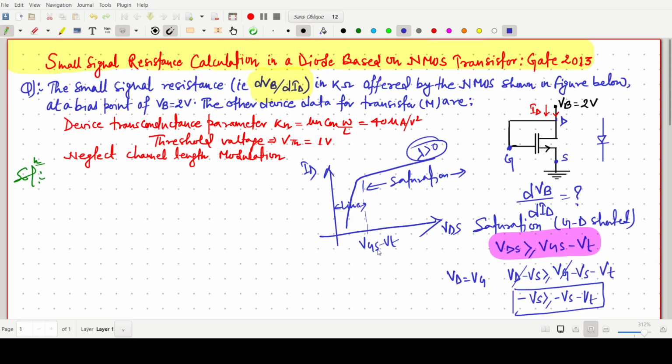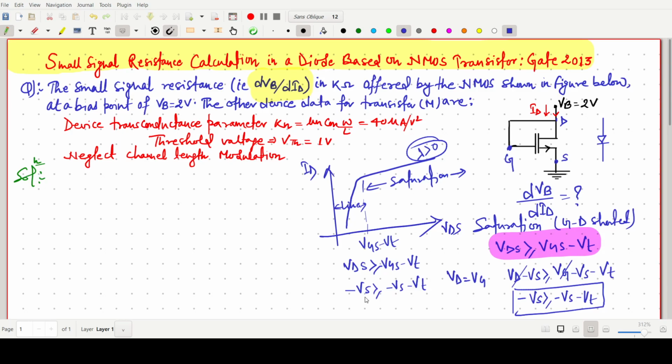So if VDS is greater than or equal to VGS minus VT, our transistor is in the saturation region. So we can directly say that minus VS will always be greater than minus VS minus VT.